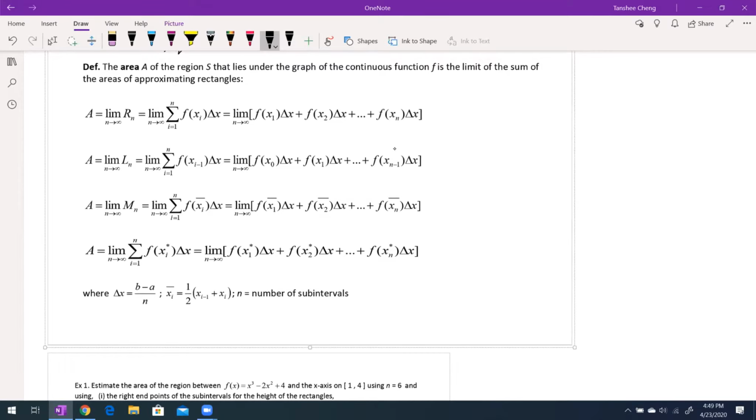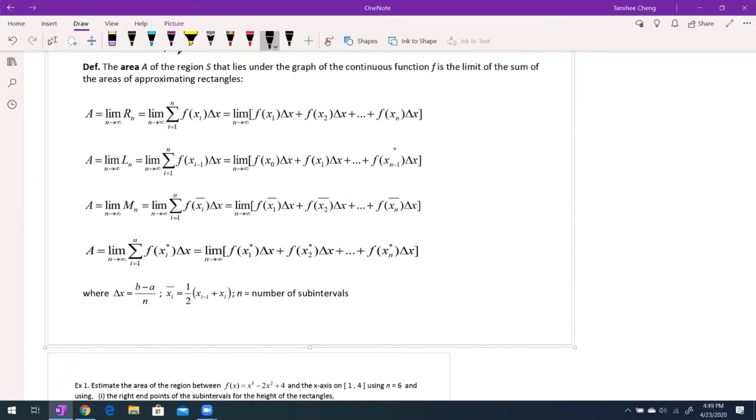If we make the subintervals infinitely many, the overestimating and underestimating becomes very small, so it will be very close to the actual area. That's the idea of the limits we learned when the limit goes to infinity. And of course, the limit must exist.